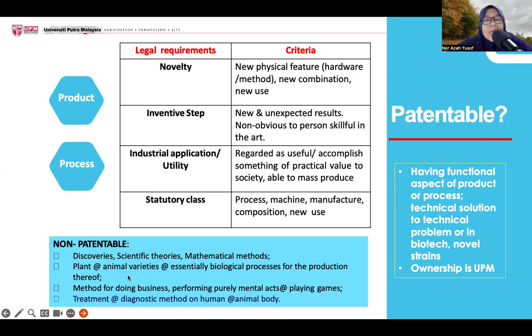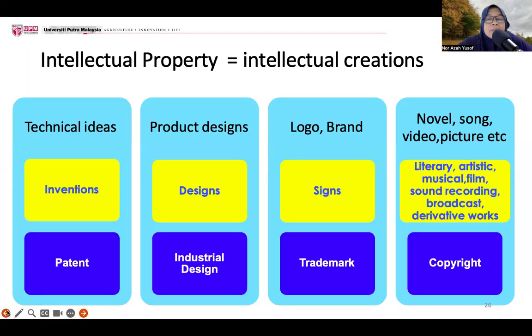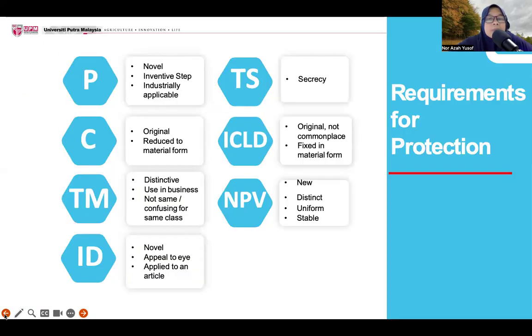Animal varieties cannot be patented, but there is something else for plants. New plant varieties are one form of intellectual property, meaning you can protect it if you found a new plant, but it is under new plant variety.